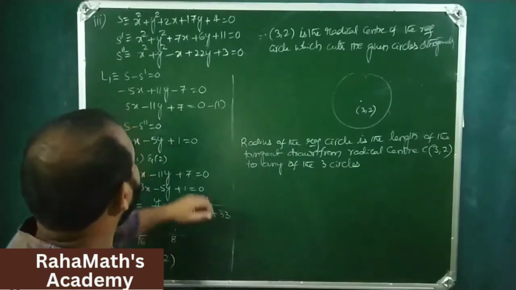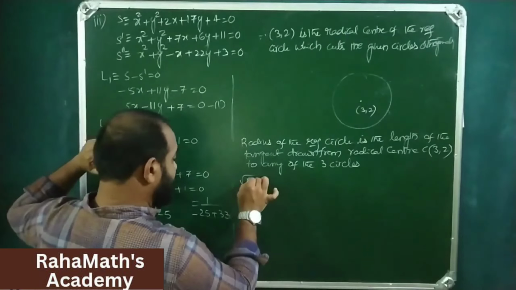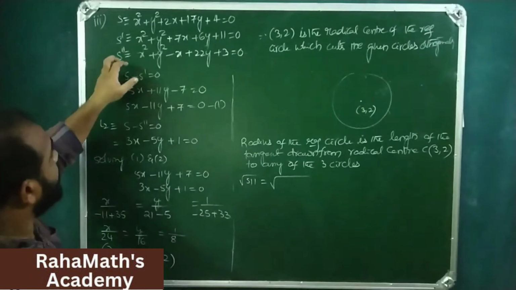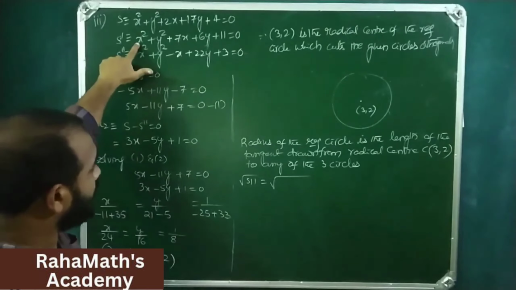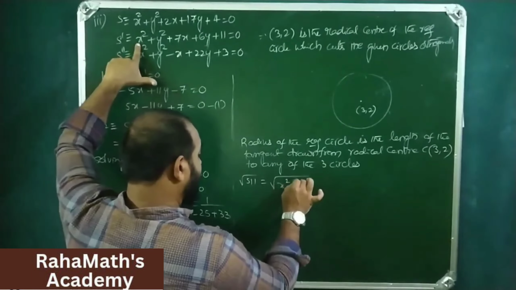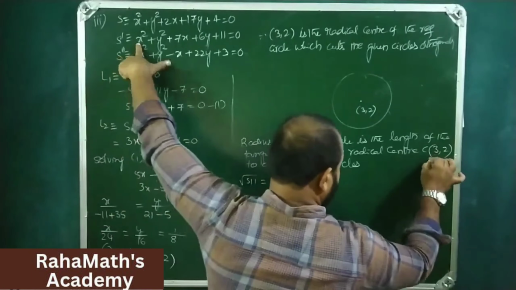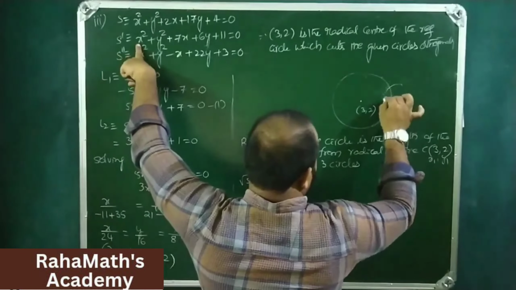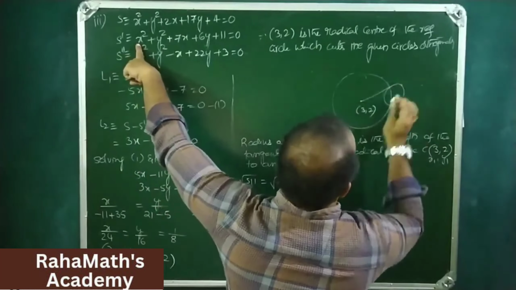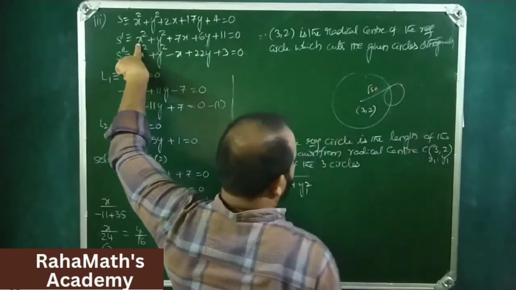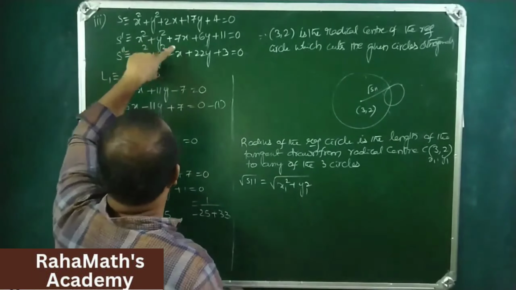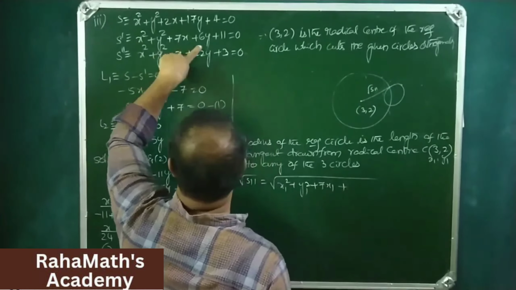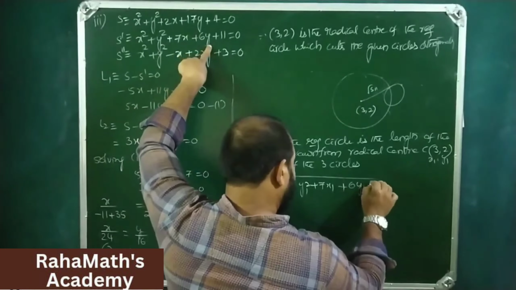So let us consider the second. So root S11 is the root for the second circle I am taking, or the third circle also. So x1 square plus y1 square, and this is my (x1, y1). So the third circle is there. So this is the length of the tangent, root S11: x1 square plus y1 square plus 7x1 plus 6y1 plus 11.